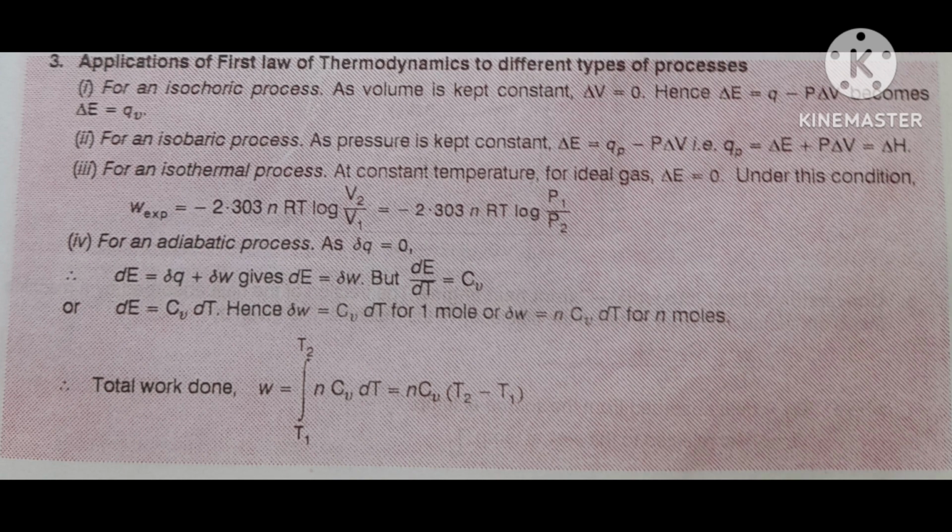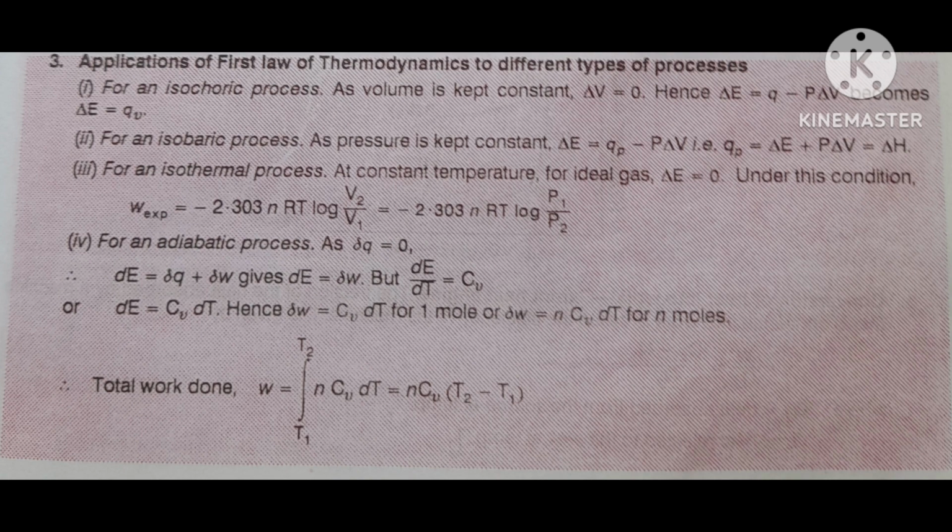And this expression you can integrate. This dW means very small work done. If temperature changes from T1 to T2, suppose 10 degrees to 50 degrees, then we calculate dW for a very small change, and for a larger change you can do the integration from T1 to T2.